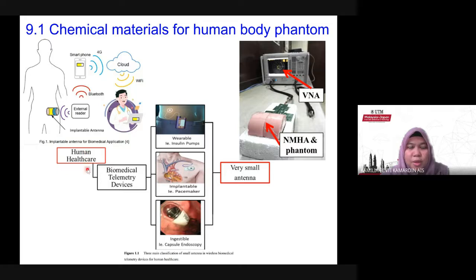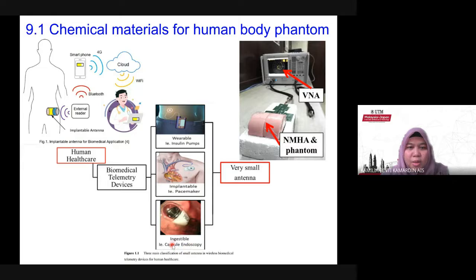So basically, in general, for human healthcare, we divide the biomedical telemetry devices into three. One is wearable, for example, for insulin pump applications. Another one is implantable, for example, for pacemaker applications.